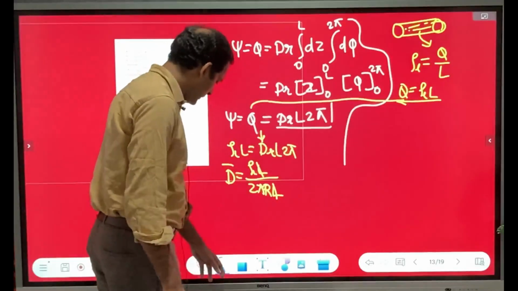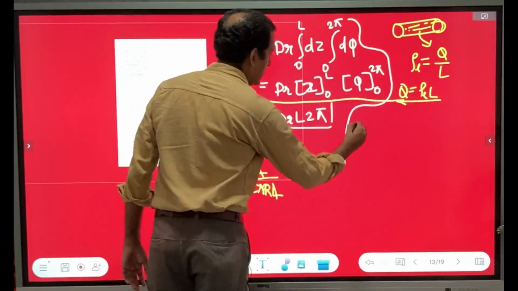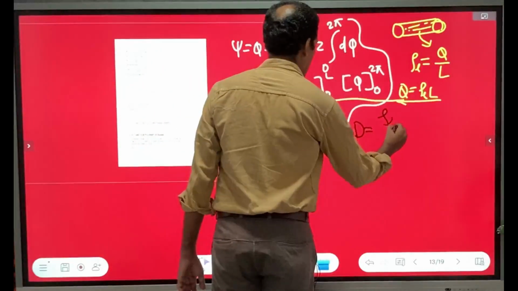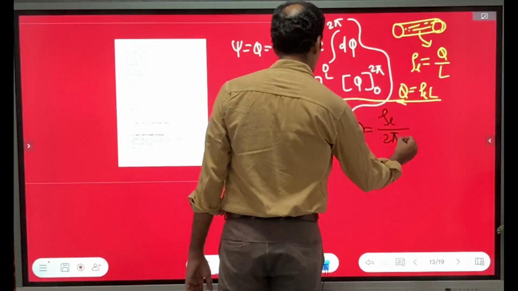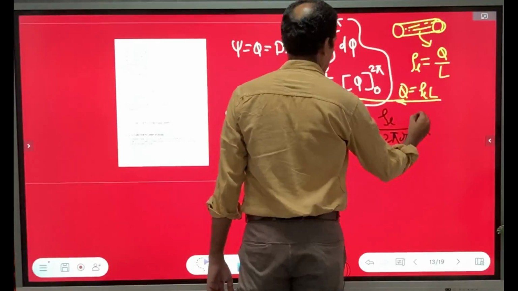So what we will get? We will get D is equal to rho L divided by 2 pi r. If we write D bar, it will be into aR cap.